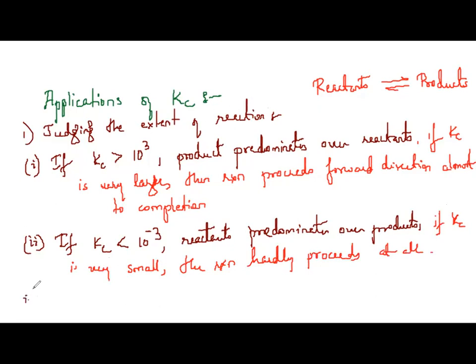Third point, if Kc is in the range of, say, 10 raised to minus 3 to 10 raised to plus 3. So this is the first extreme, this is the second extreme. If it is in between, what does it mean?